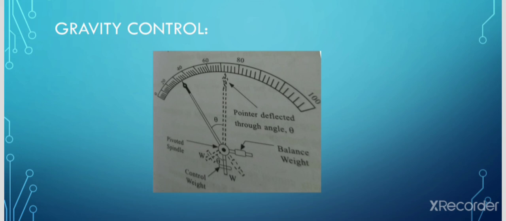So the control weight will tend to come to its original position and produces the opposing or controlling torque.